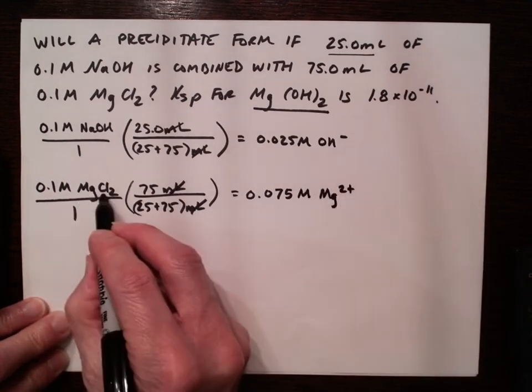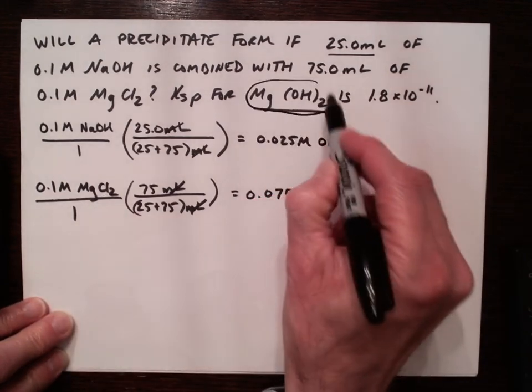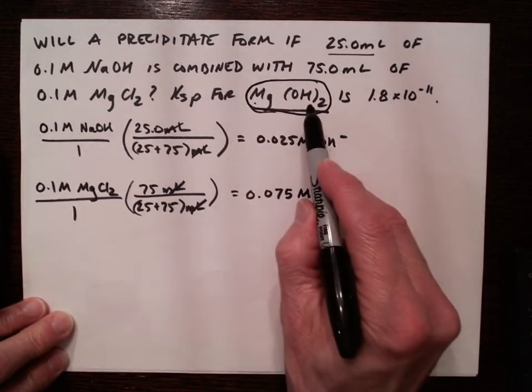That'll be twice the concentration of chloride, but we're not interested in that, right? The only ions we're interested in for the formation of the salt are the magnesium and the hydroxide.